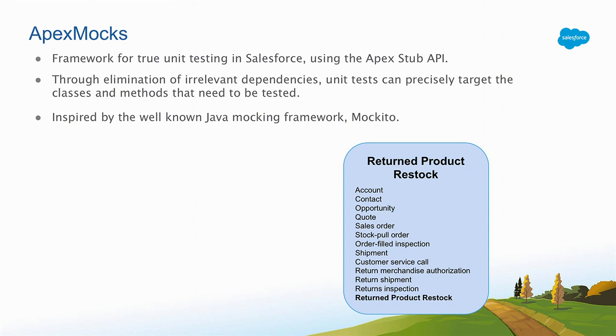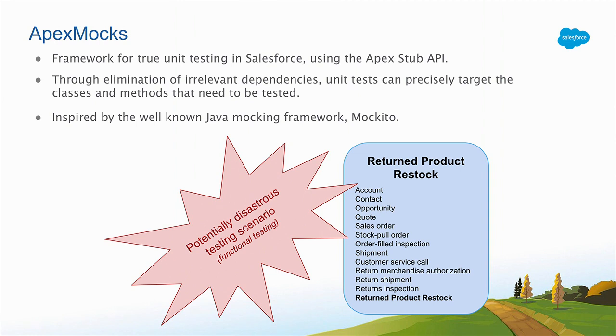If I insert them into the database, it's going to queue off validation, it's going to queue off some triggers and stuff that start doing other things, and pretty soon we start getting too many SOQL calls, CPU timeouts, DML limits, and stuff of that nature. So don't do it. It's a potentially disastrous thing as far as your unit testing. And it's actually not unit testing, it's called functional testing.